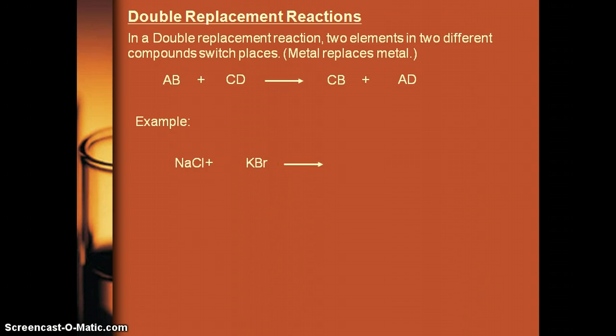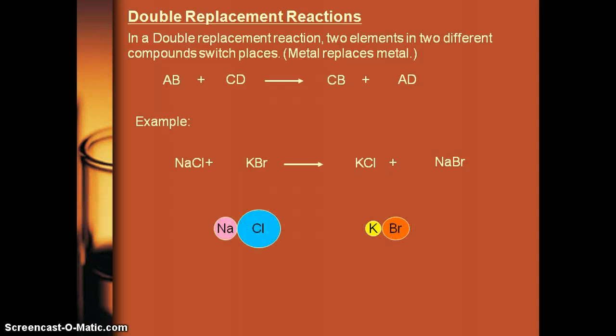Then after the reaction, a double replacement reaction would put your sodium with your bromine and your potassium with your chlorine. So it's very easy to see that you are swapping partners with those two elements.